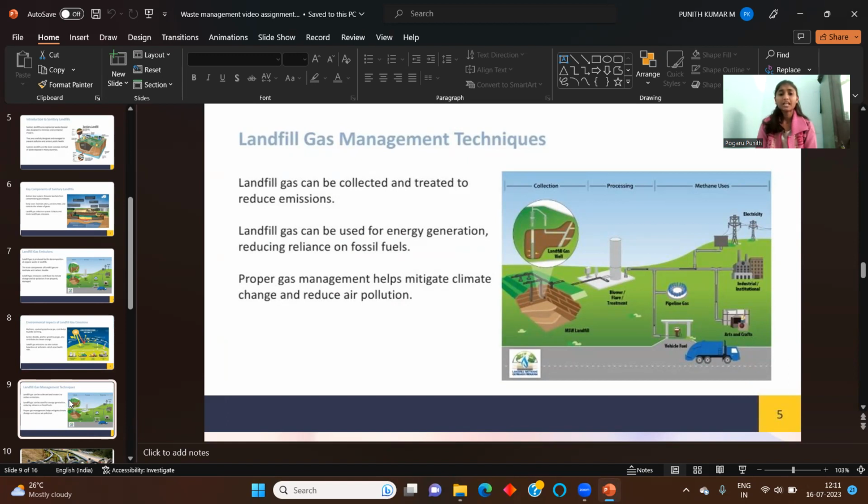Proper gas management helps mitigate climate change and reduces air pollution. The many gases which are produced, like methane, carbon dioxide, oxygen, and nitrogen, are collected in a manner that in the sanitary landfill, there are pipelines which are laid. Through those pipelines, the gases are passed and collected in one particular tank, so that in the tank some filtration or some chemical process is undertaken, and then they convert that harmful gas into useful products.